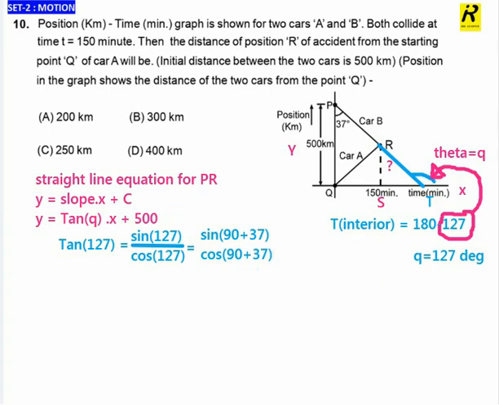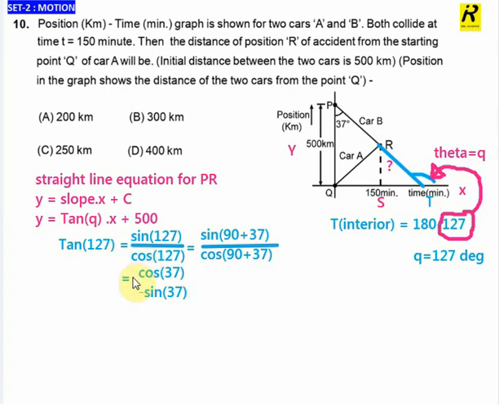So in the numerator I get cos 37, and in the denominator minus sine. Be careful, it's minus sine. Cos of 90 plus 37 is minus sine 37.